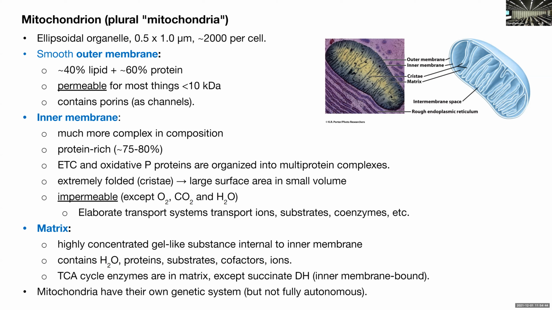So there's a nice system where they developed it. At the beginning, they were probably quite autonomous, but ended up evolving in a way that depends on each other, the nuclear DNA and the mitochondrial DNA.